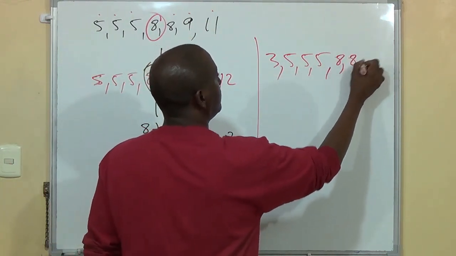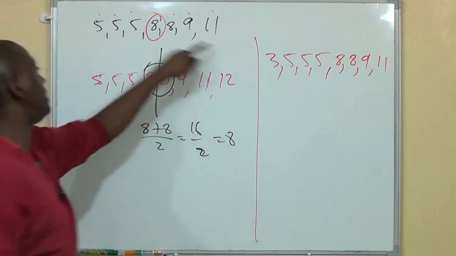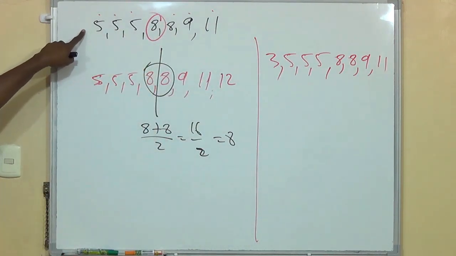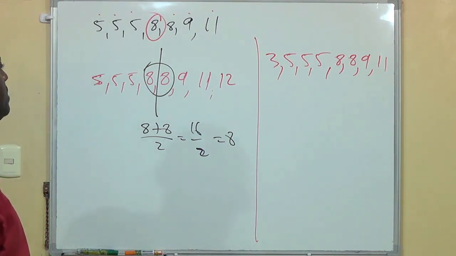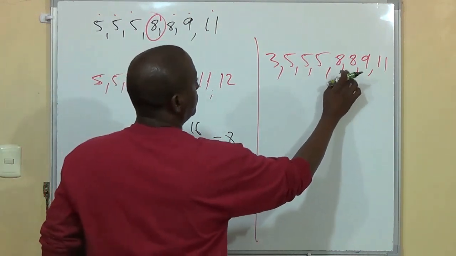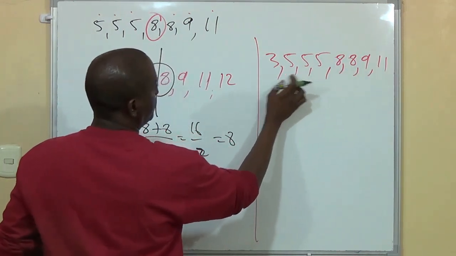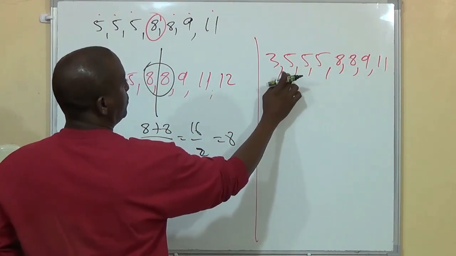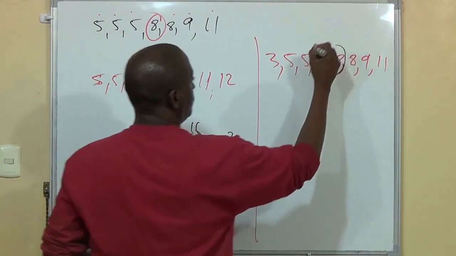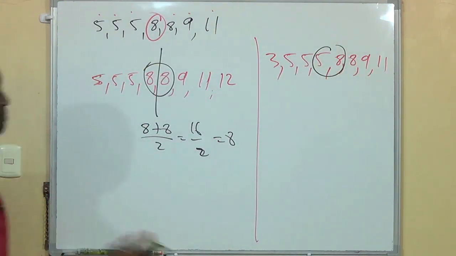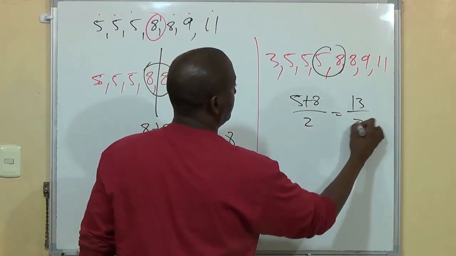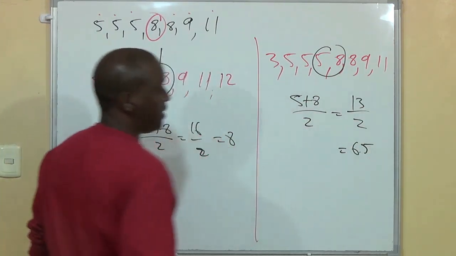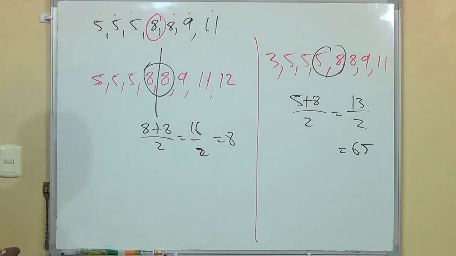So I take this same data set and I put another value on this side, right? What will happen will be, in that case, you'll have 1, 2, 3, 4 on this side, and you have 1, 2, 3, 4 on this side. So these 2 will be the center digits in that case. So the median in that case would be 5 plus 8 over 2, which would be 13 over 2, which would be 6.5. Right? So you got 3 scenarios here.